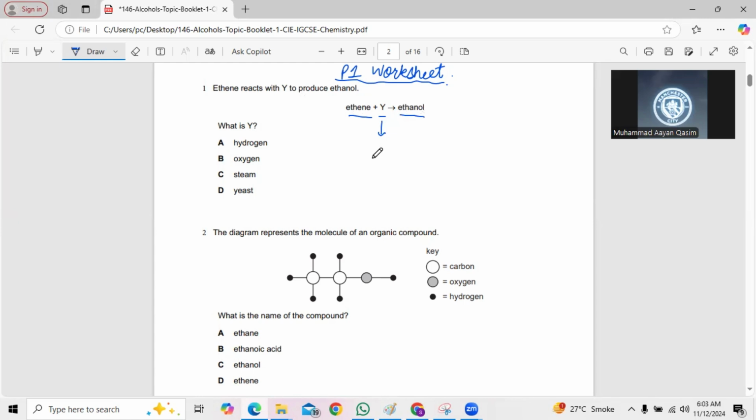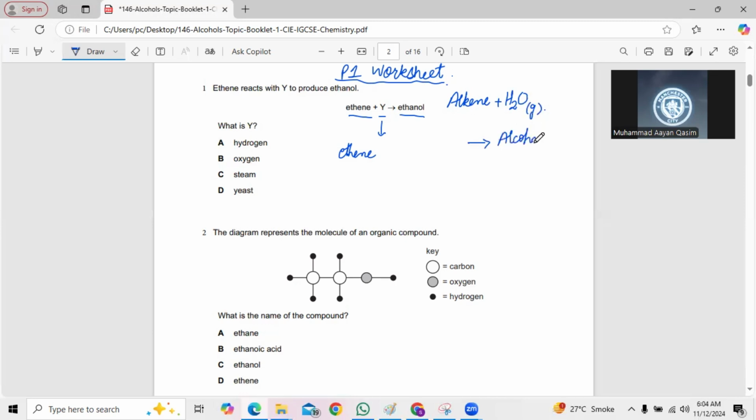We have learned the property that alkenes react with steam, and it's going to form alcohol.